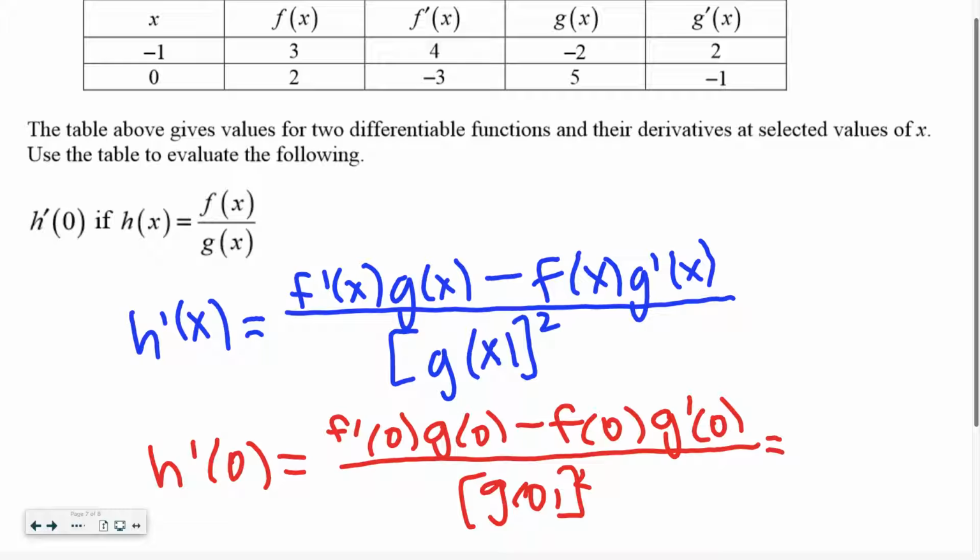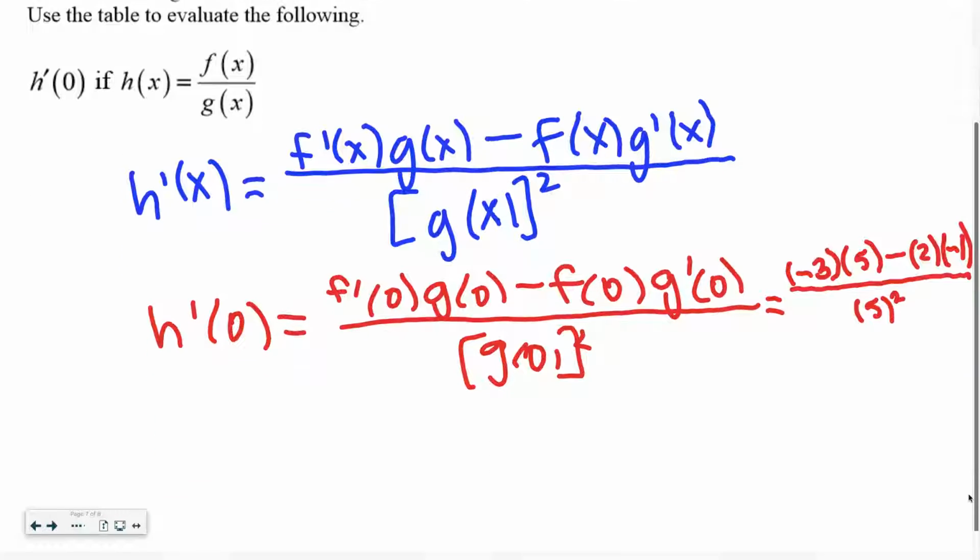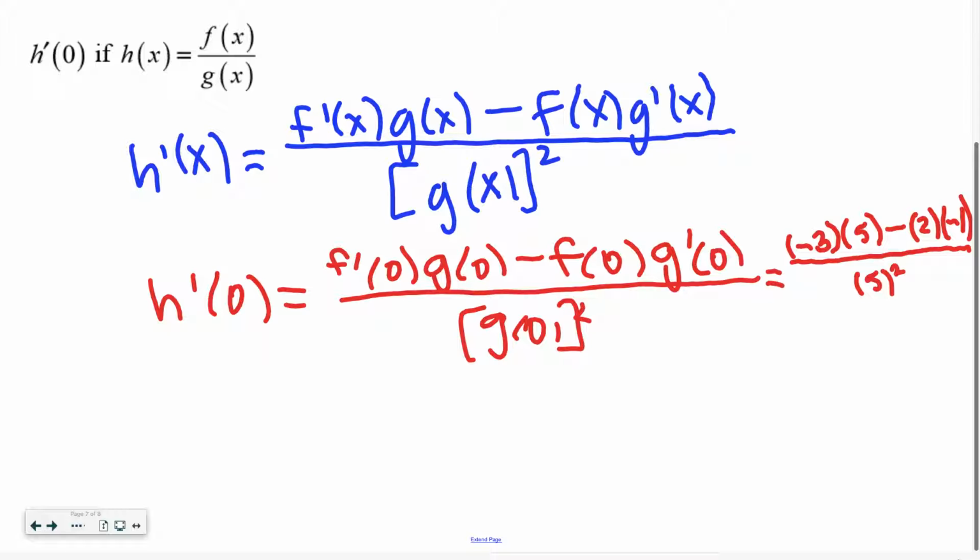What is f prime at x equals 0? And what about g at 0? Minus f of 0 times g prime of 0. Negative 1, right? All over g of 0 you told me was 5. So we have negative 15 plus 2 all over 25.